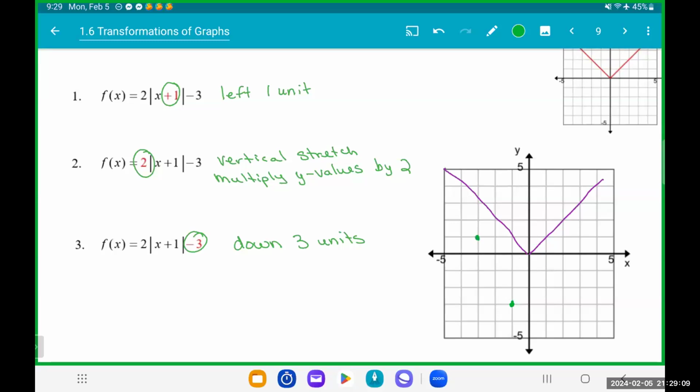We'll have a point about here and around 1, 1. So that is what those green transformations would look like on the parent function of the absolute value.